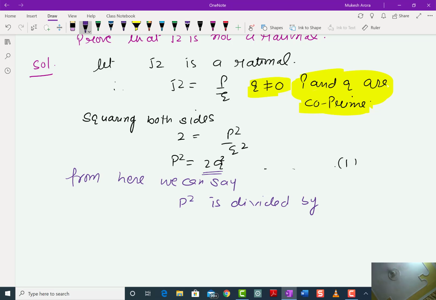So that means p square can be divided by 2. So p is also divisible by 2. This is our equation number 2.